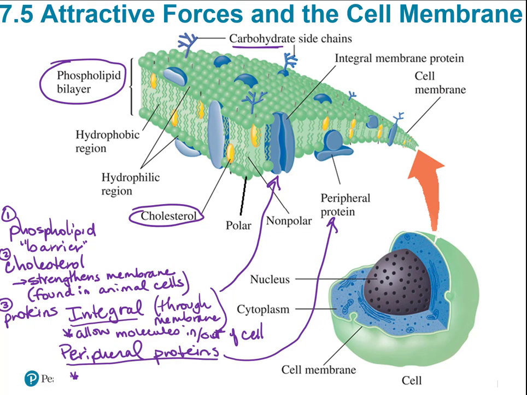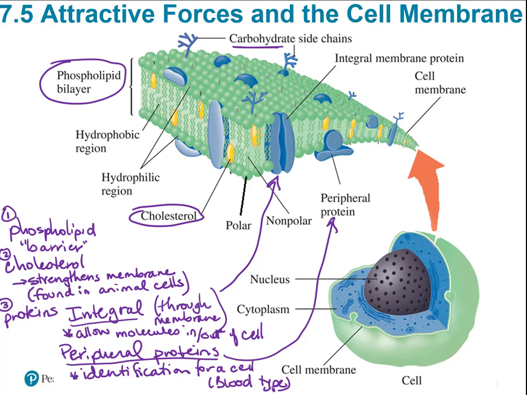Talking about blood types, A, B, and O. So there's an image right up at the top showing carbohydrates sticking off of the surface of a cell. They're attached to proteins, and that acts as an identifier. Identification for a cell. And you can think of blood types as a good example of that.